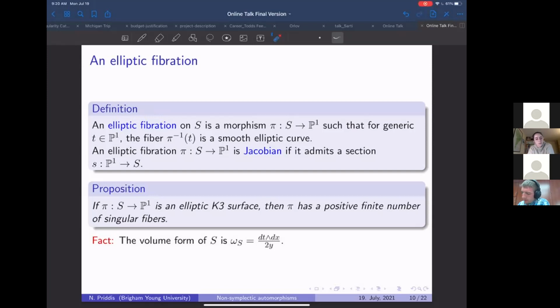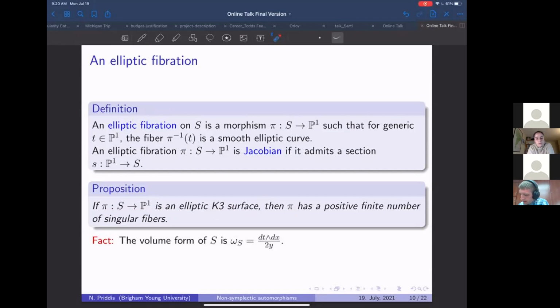Another important fact, if you've never seen this before, is that if you have an elliptic K3 surface, in other words, a K3 surface with an elliptic fibration, then your fibration has a positive finite number of singular fibers. In other words, you always have singular fibers and you only have finitely many of them.